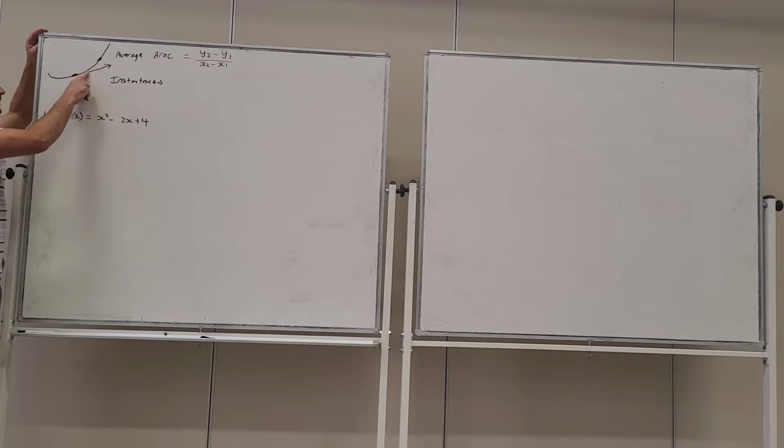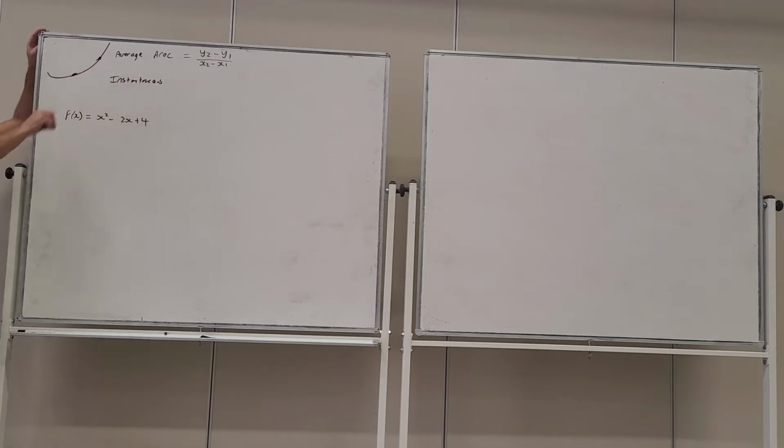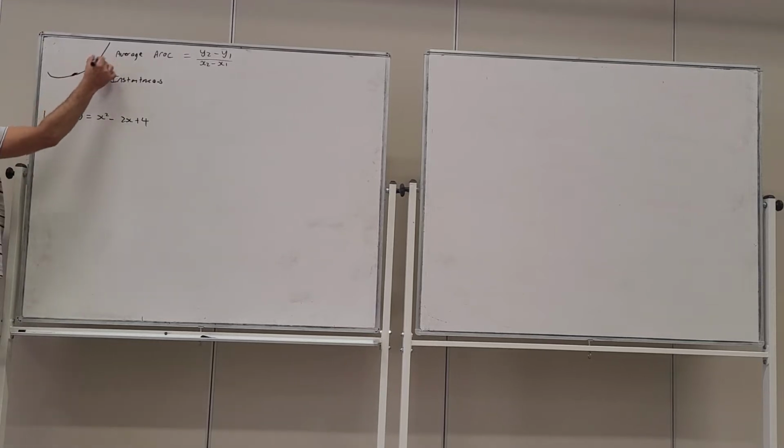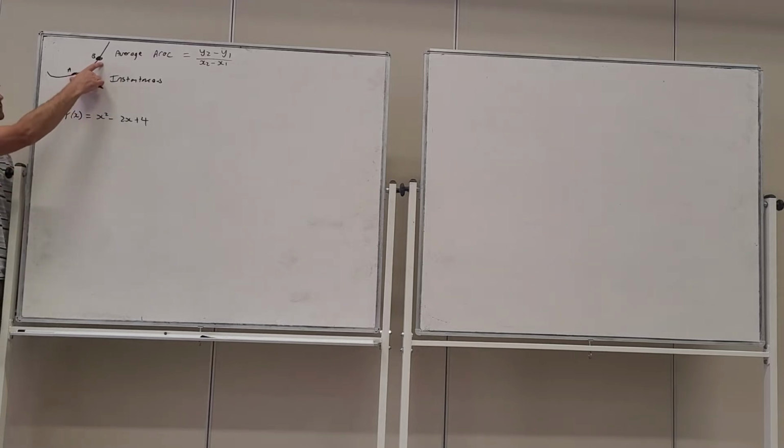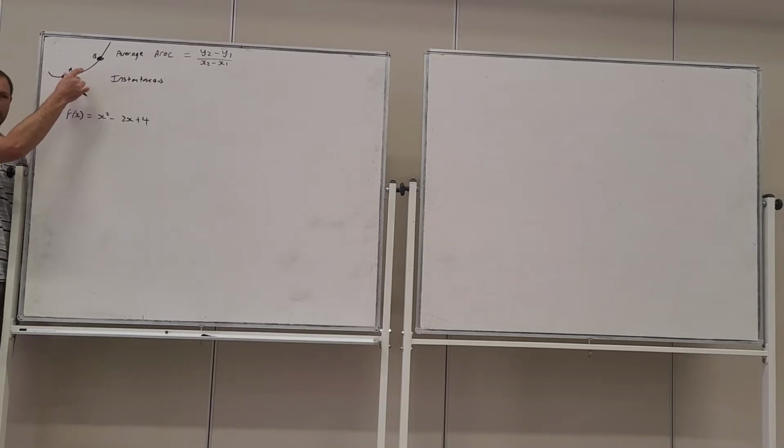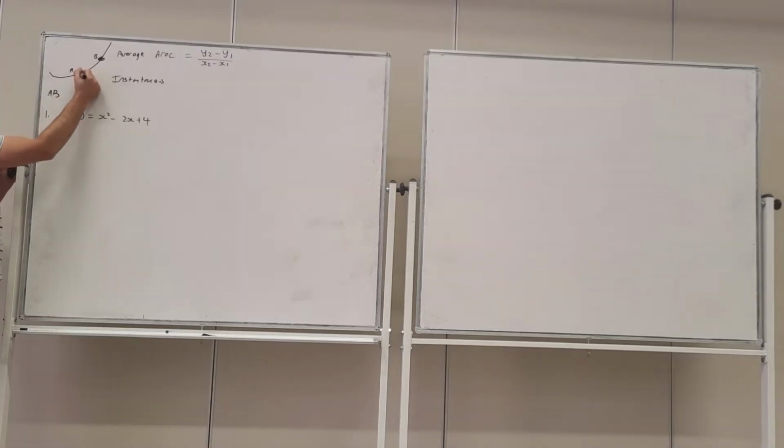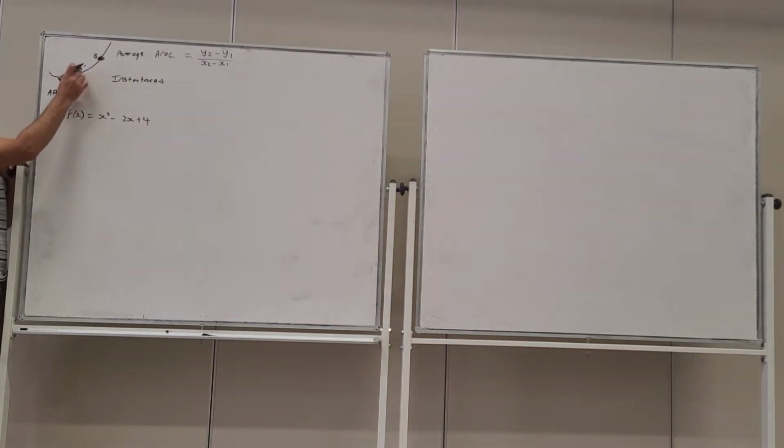So there's actually some clever maths that we can perform. Let's keep in mind, I want the slope at point A, and up here is point B. As I move B closer and closer and closer to point A, the slope of what we call a chord AB is going to get closer and closer to the slope at point A. If we keep moving B so that it's pretty much next to A, let's call that AB prime.